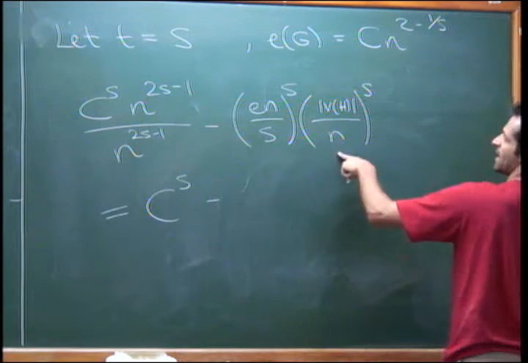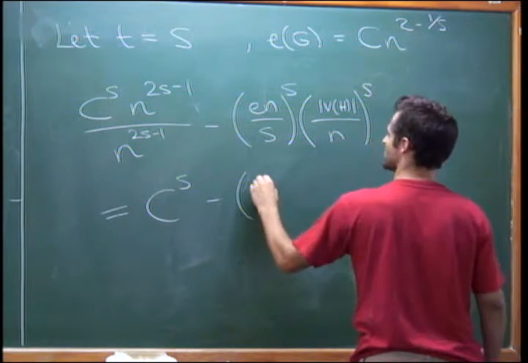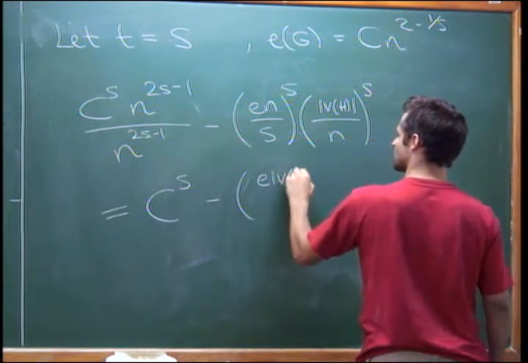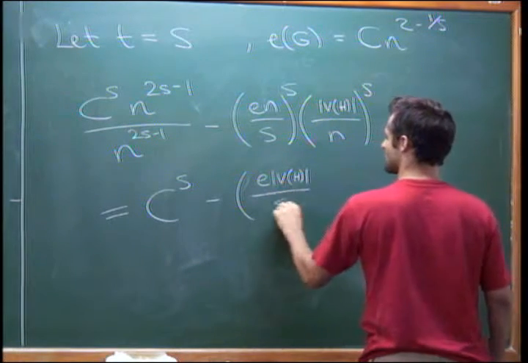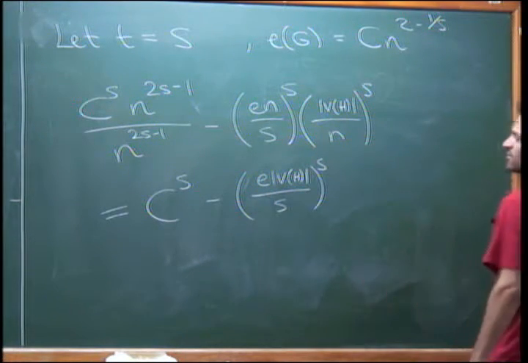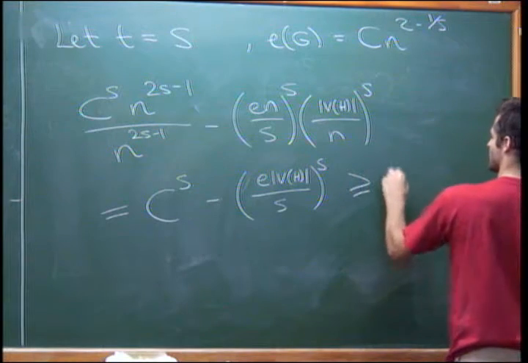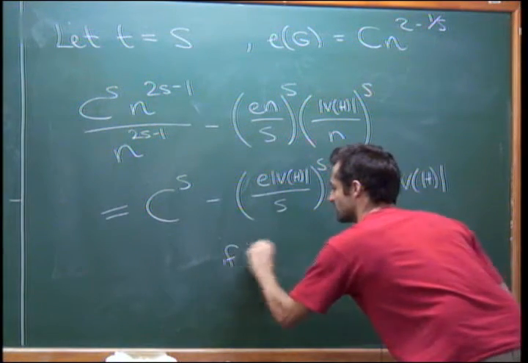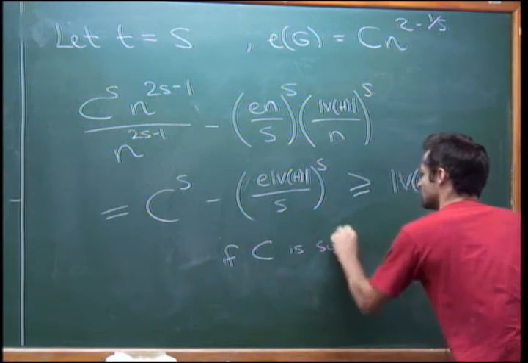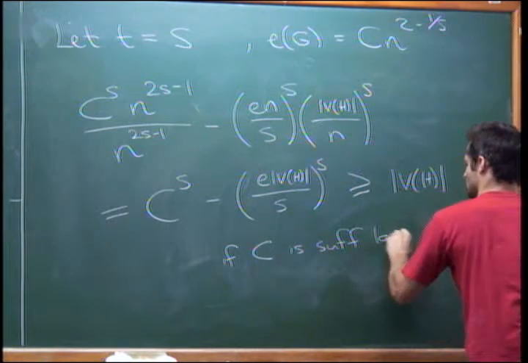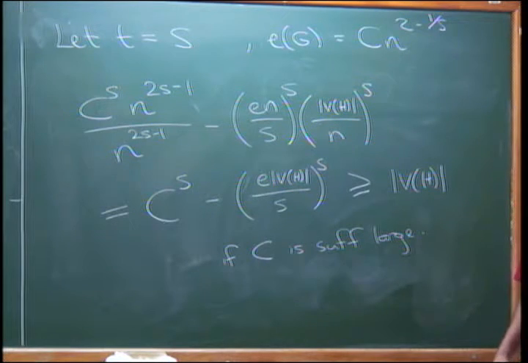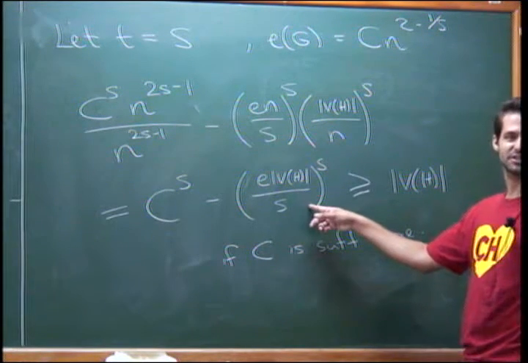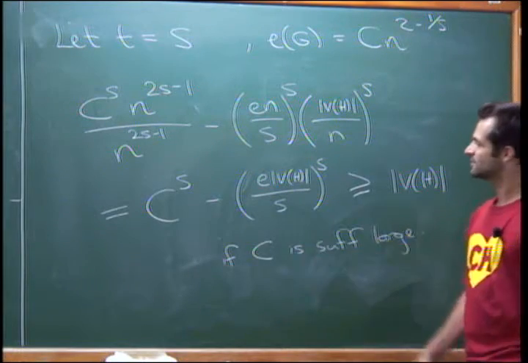The n's cancel. You get basically e v(H) over S to the S. And I claim this is bigger than v(H) if C is large. Right? Because this thing is just a constant and this thing is big.